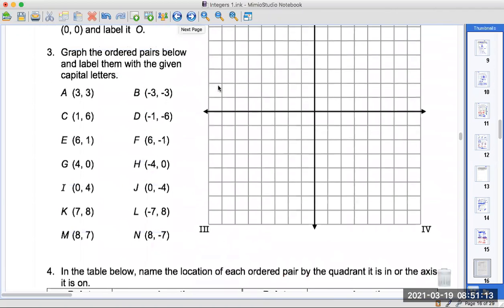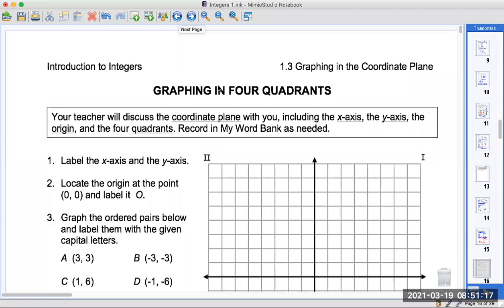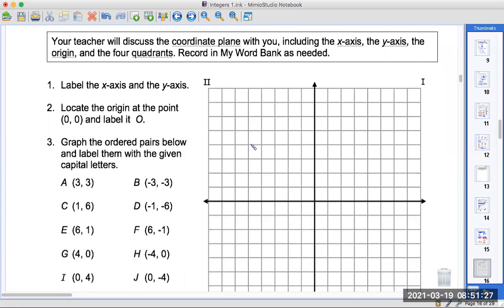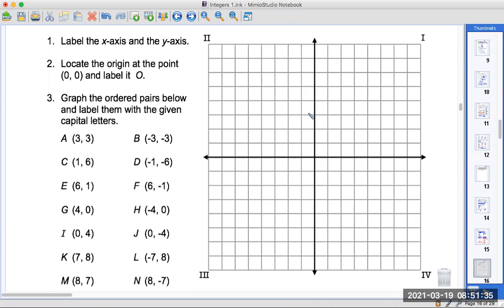This is page 13. This is going to be notes plus homework. Notice that now your coordinate plane has somehow expanded into 4 quadrants. So you have more than we worked in this quadrant on the previous page. So this is what the coordinate plane always looks like.